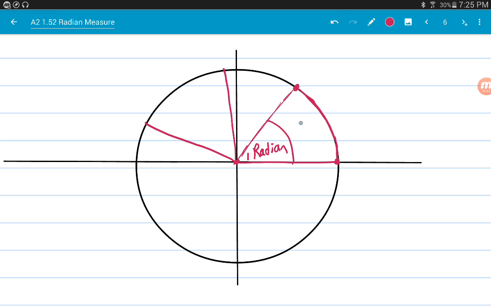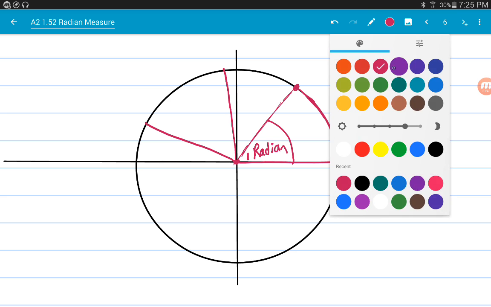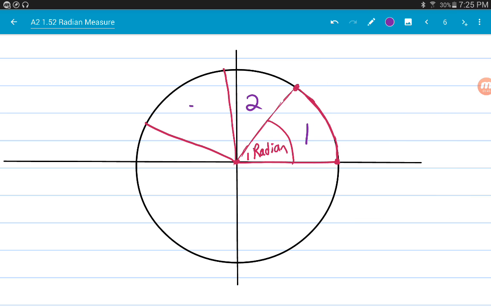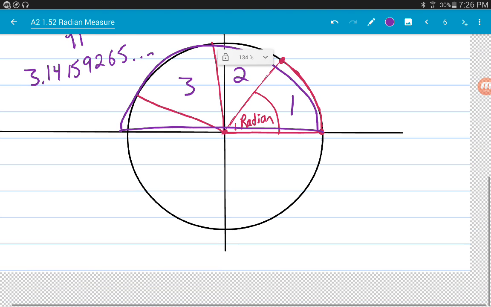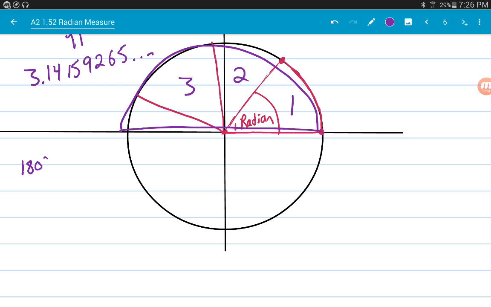Well, that little bit that's left over changes it from 3 radians to 3.14159265, etc. This is pi. So there are pi radians in 1/2 of the circle. So this gives us an equivalence that 180 degrees is equal to pi radians.